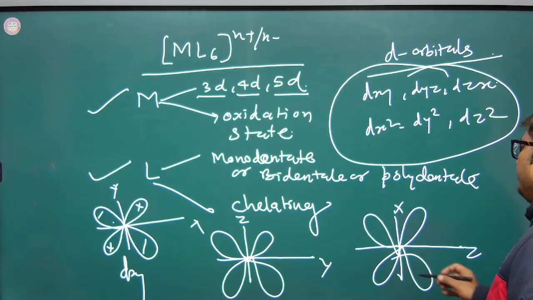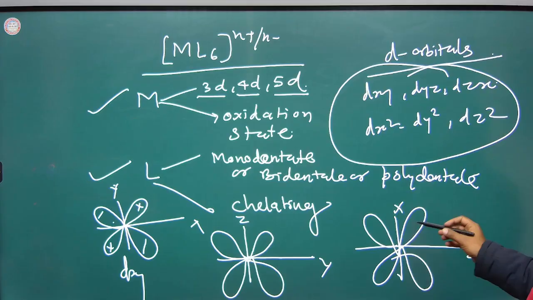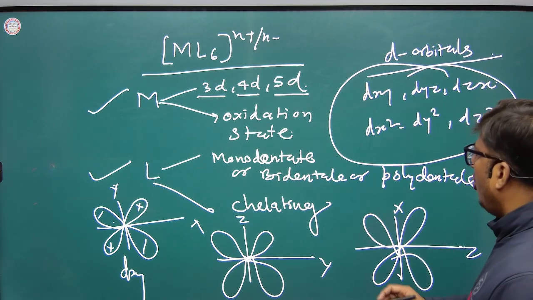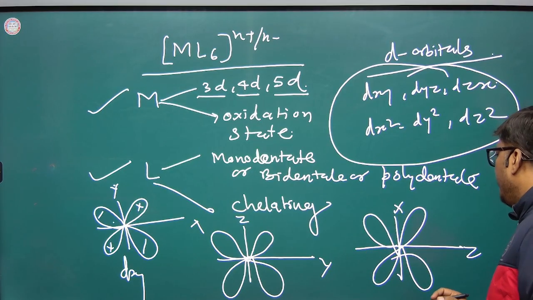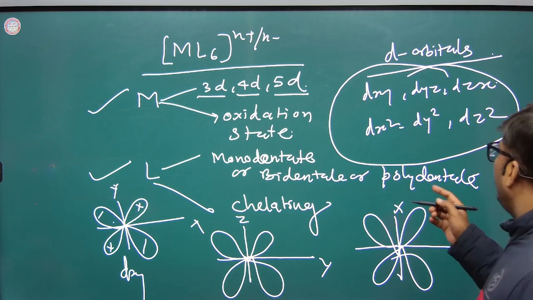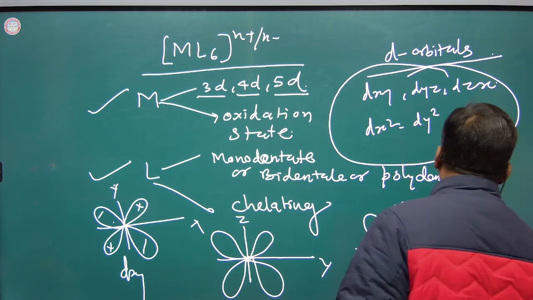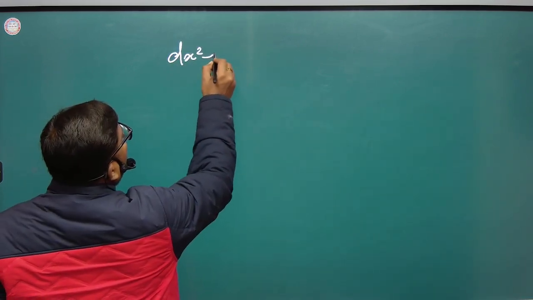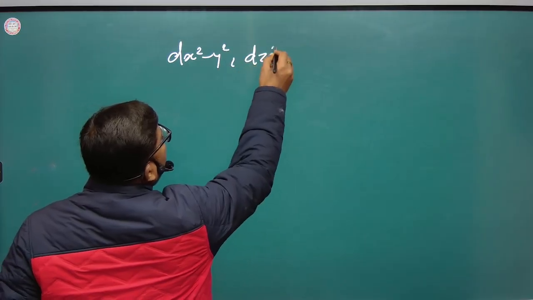So these are the 3 sets of orbitals called dxy, dyz and dzx, and all these orbitals exist in between the axes. The rest of the 2 orbitals are dx square minus y square and dz square.